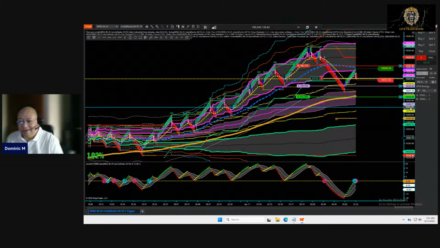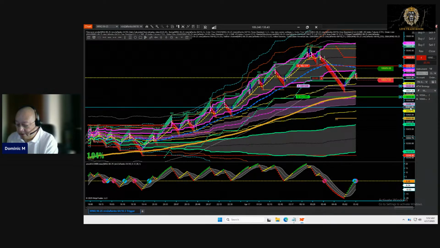Let me do something here. In fact, if you try this, you take a picture of the chart and put it on ChatGPT, and it's going to analyze the chart for you, which is really cool. So let me take a picture of this chart. Wait, hold on. Let me just go to ChatGPT. Try that.